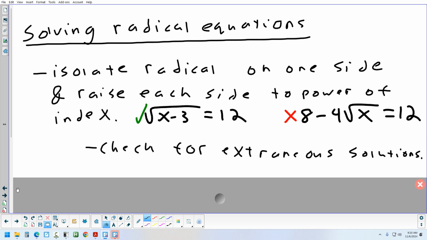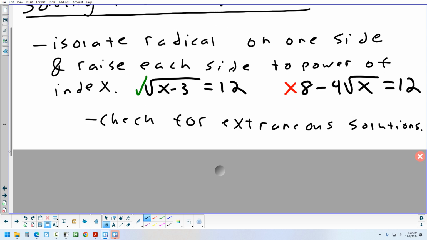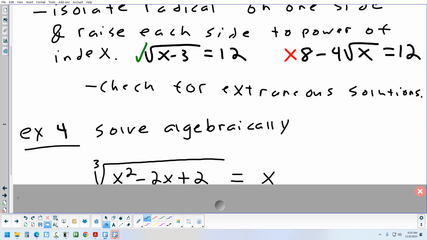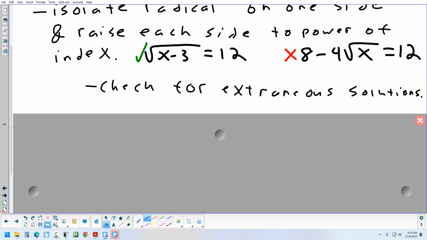So raise each side to the power of the index. We do have to check for extraneous solutions, make sure that the answer we have works when you plug it back in. All right, so we'll try a few examples of that.